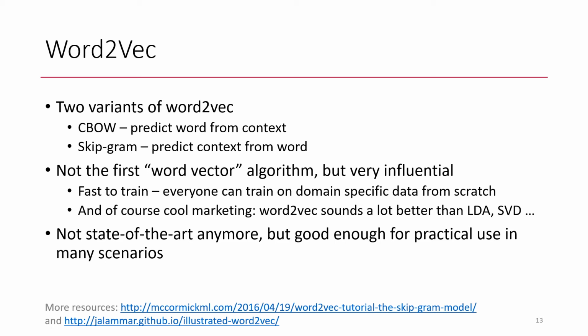So it contains a couple of contributions that make the training much more efficient, which means that everyone can train on domain-specific data from scratch, which is very nice. And funny enough, this whole idea changes in the current years. And it's going back to needing to download huge models.